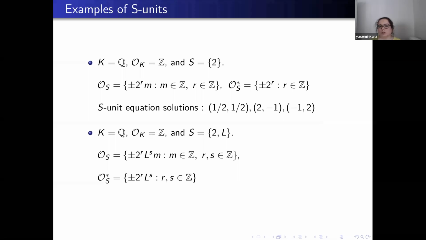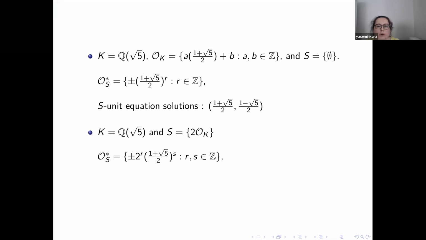And the S-unit equation, if you solve it, has just 3 solutions, 3 pairs. In the next example, this is the example that Sár and Masser considered. If K is the rationals, and your S is 2 and L, the S-integers and the S-units are of this form.